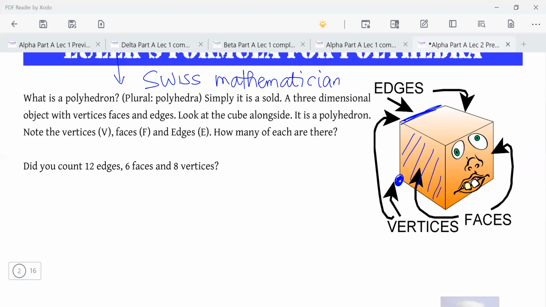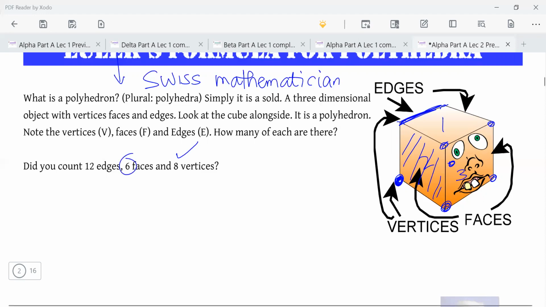So if you count in each of these blocks, how many vertices, faces, and edges do we have? Well, this one would have 1, 2, 3, 4 on the back there, 5, 6, 7, 8. 8 vertices. How many faces? 1, 2, 3, 1 underneath, 4, 1 behind, 5, and 1 behind, 6.